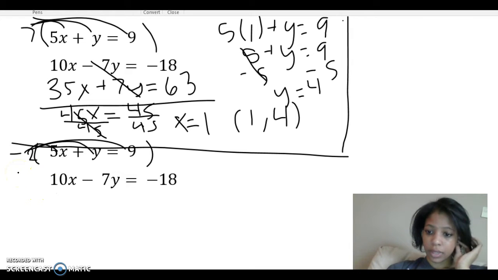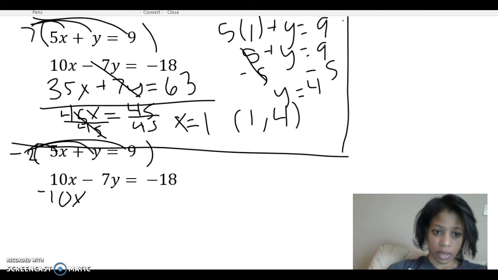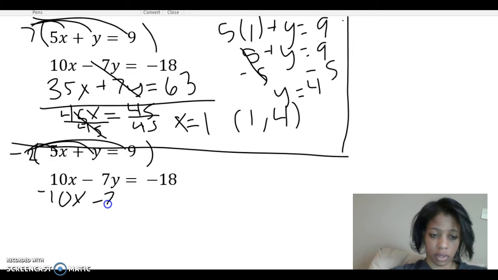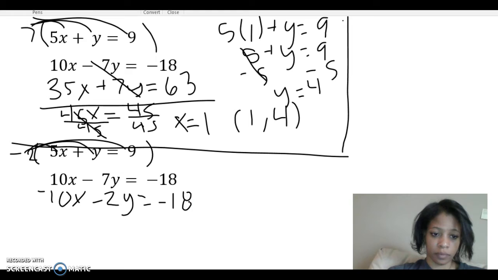So -2 times 5 would be -10x, right? -2 times, pretend that's a -1 here, so -2 times -1 will be... -2 times +1 will be -2y equals, and -2 times +9 would be -18. Okay?